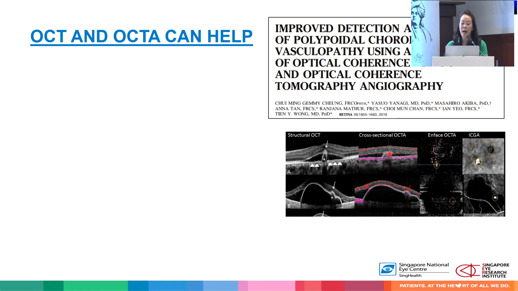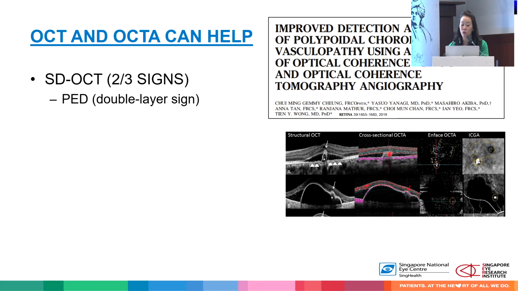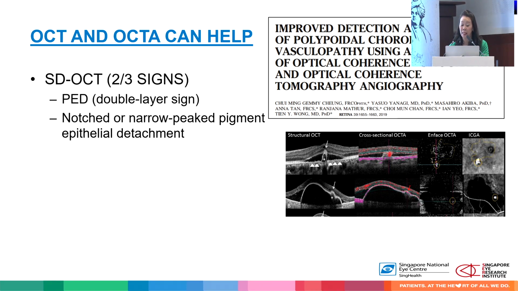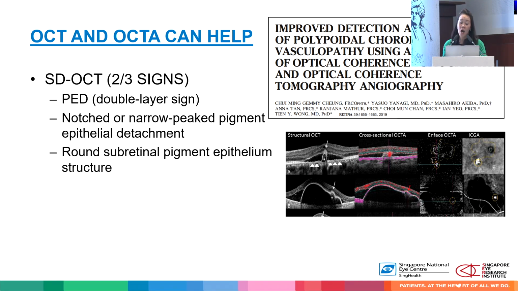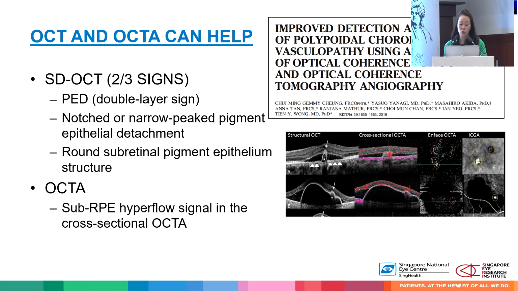So when you combine the detection and the diagnosis of PCV with OCT and OCTA, you can see these 2 out of 3 signs where we looked at, which is a PED notch or a narrow pigment epithelial detachment, as well as on OCTA, the cross-sectional OCTA is the most useful one because you can see the hyperflow signal.